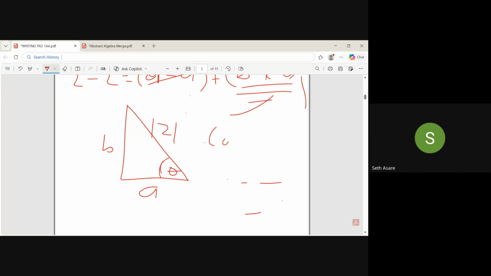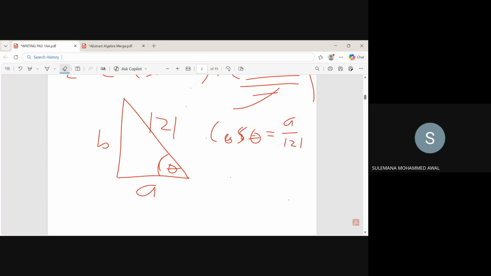I need cos of the angle theta. What should I write? Adjacent to the hypotenuse, which is a out of the modulus of Z. Good. What of sine? b out of the modulus of Z. That is all we want to do.